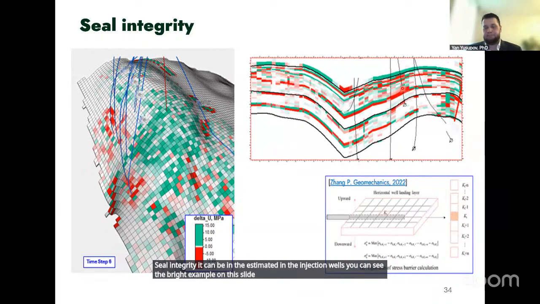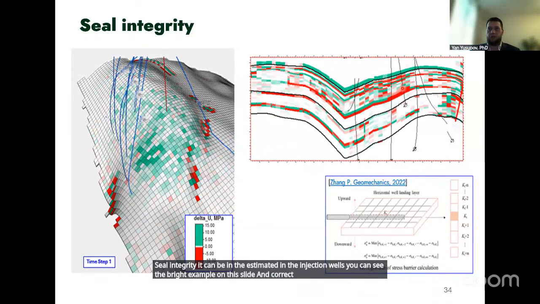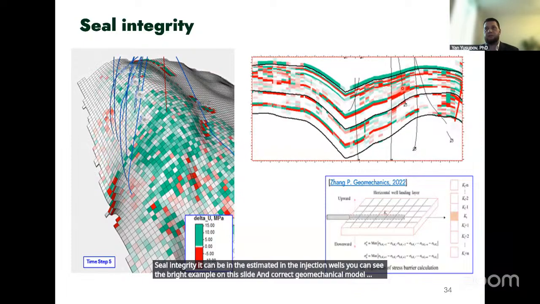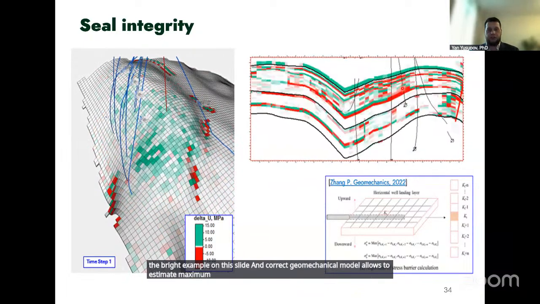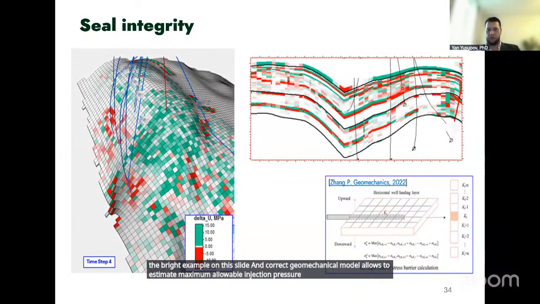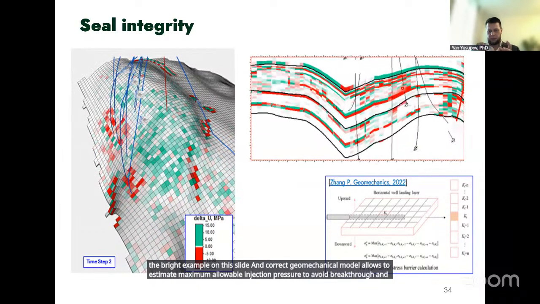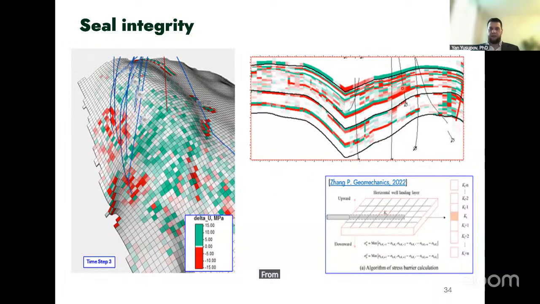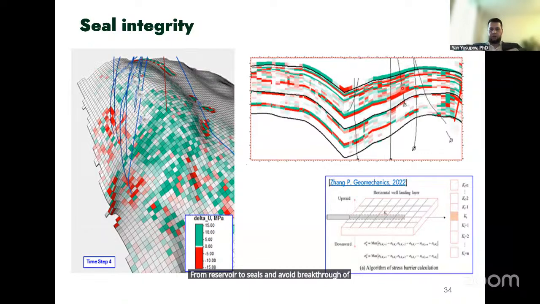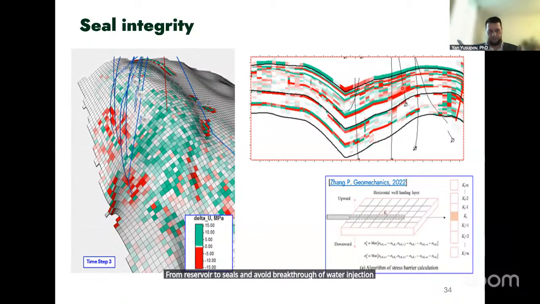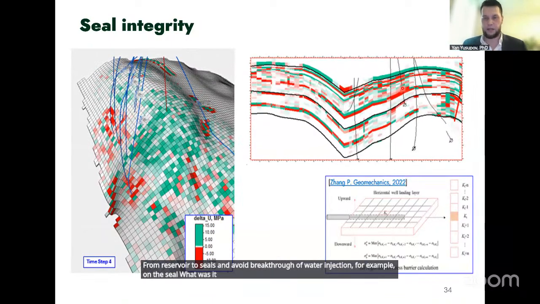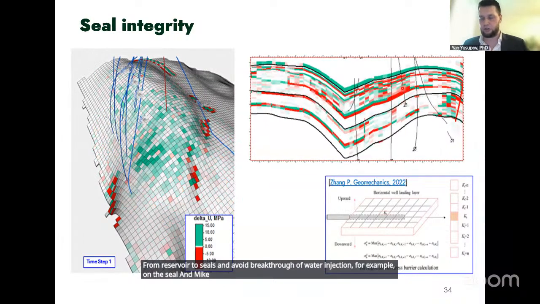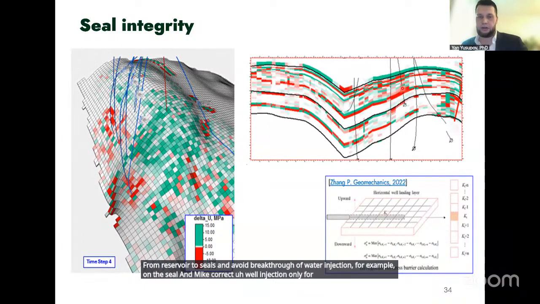And a correct geomechanical model allows us to estimate the maximum allowable injection pressure to avoid breakthrough and out-of-zone injection from reservoir to seals, and avoid breakthrough of injected fluid, for example, on the sea, and make correct well injection only for the target reservoir.